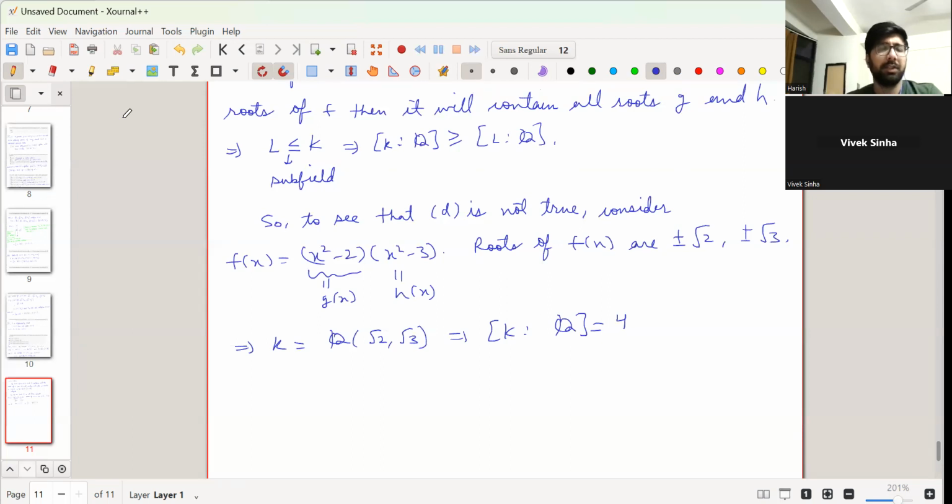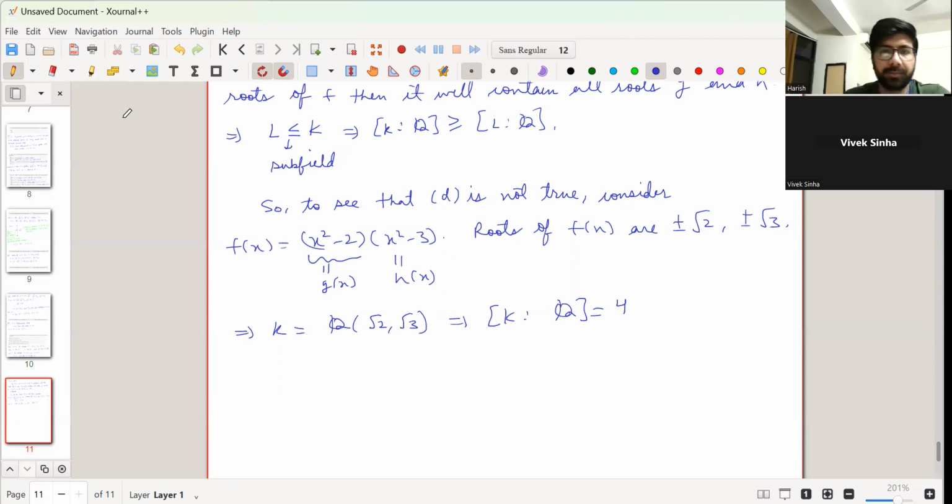We have already seen that in one of the classes. We just take the tower that Q is contained in Q(root 2), and then Q(root 2) is contained in Q(root 2, root 3), certainly, right?